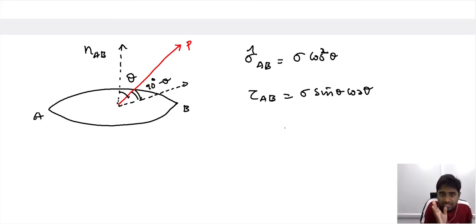But when you consider the shear stress, this 90 minus theta relation is possible only in one direction, and along that direction only we will be able to express the shear stress in this term, wherein the shear stress is the combination of sine theta and cos theta. So only in this direction alone we will be able to adapt the results that we derived for the pseudo 3-dimensional case.